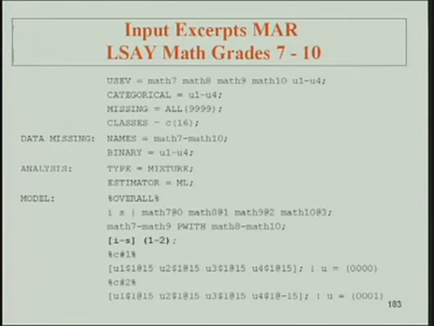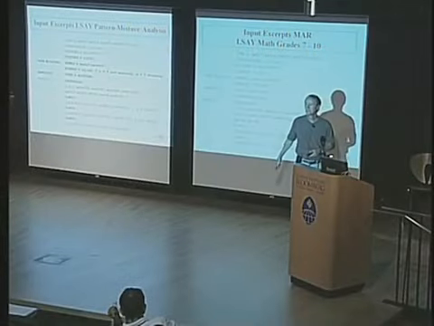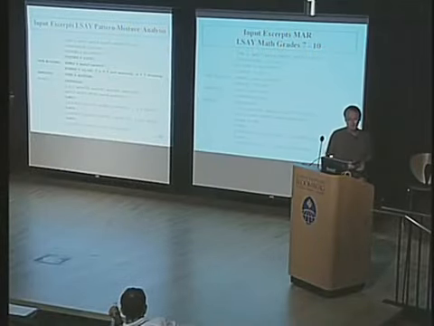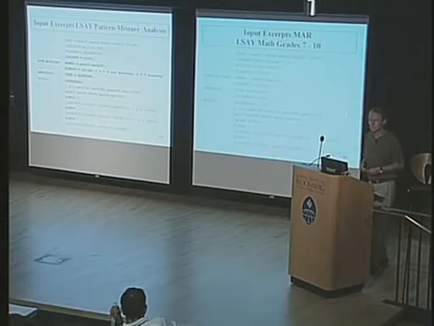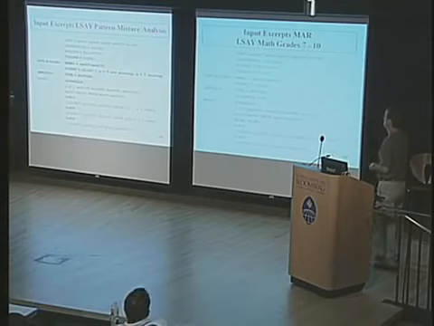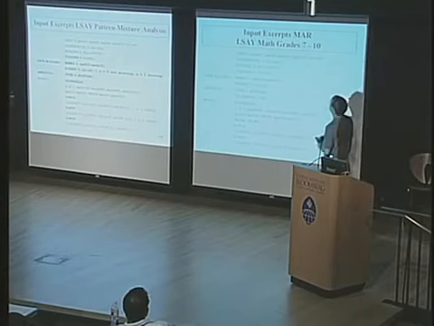So this single line added to the pattern mixture analysis gives you MAR. It shouldn't be seen as if we really believe that we have equal means across the classes, but we estimate one set of means in MAR.